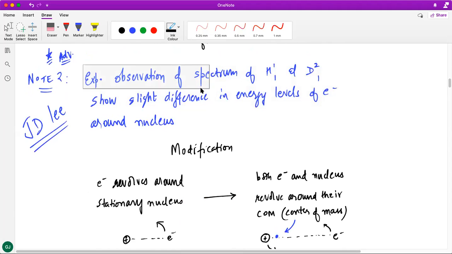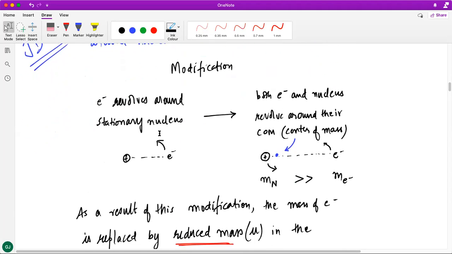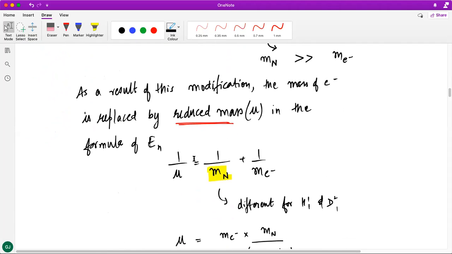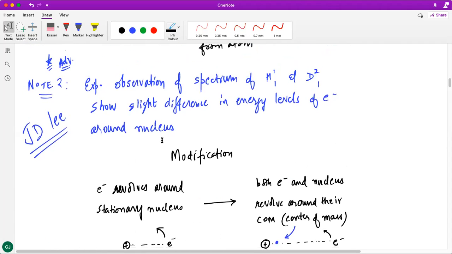And that is where this modification, when done, it was able to explain the slight energy differences that were there between the energy levels of hydrogen and deuterium. Okay. So this kind of then validated कि हाँ अगर इस तरीके से सोचेंगे तो it will be an improvement.